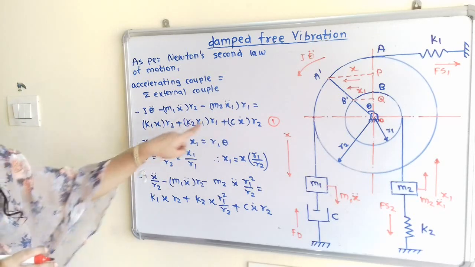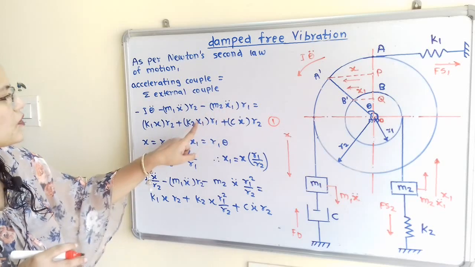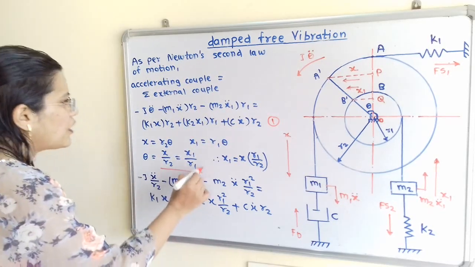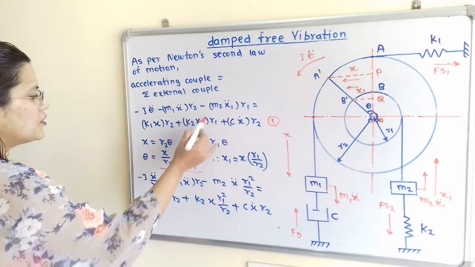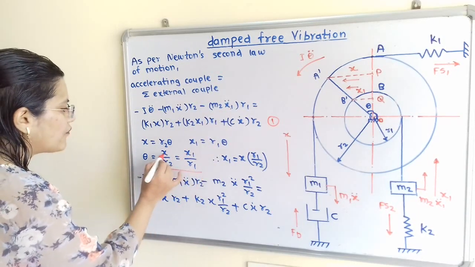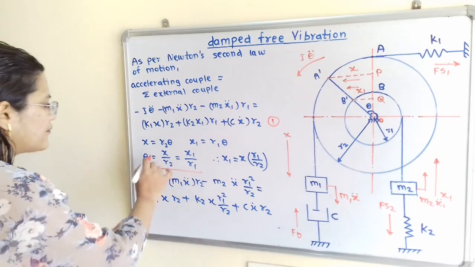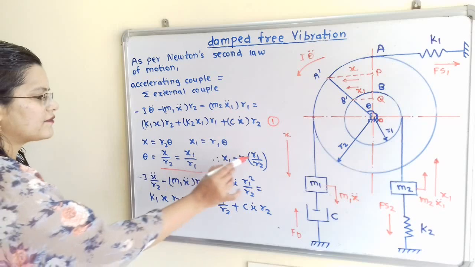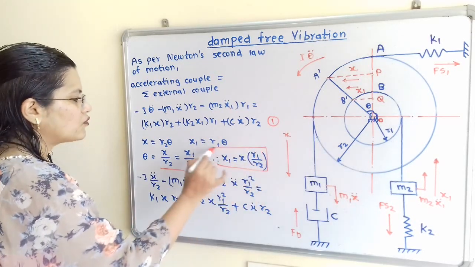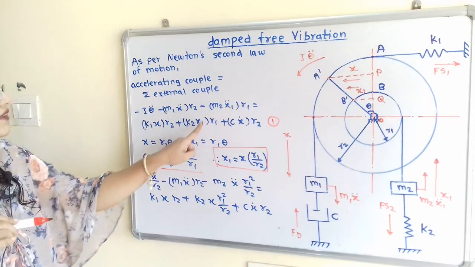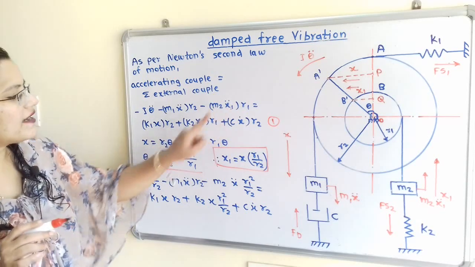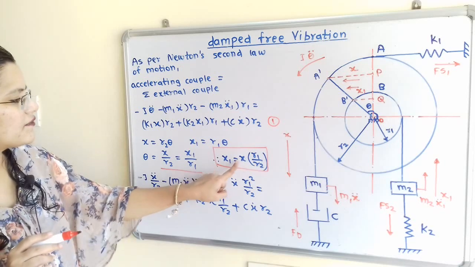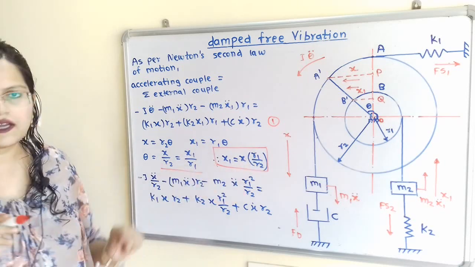Here we can replace x1 double dot and x1 in terms of x because we have this relation. So x1 is equal to x into r1 by r2, and x1 double dot is equal to x double dot r1 by r2.